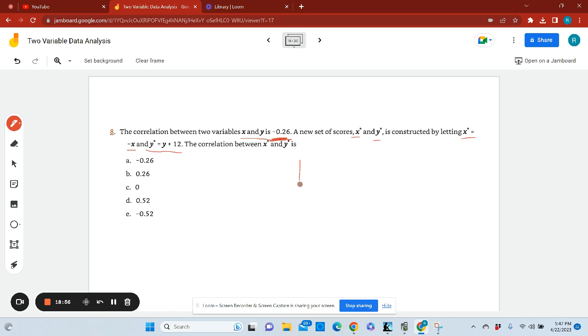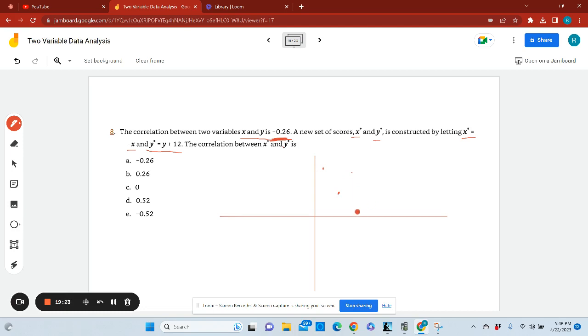So here's what we got. I'm going to draw you guys a coordinate plane, and I'm going to try and make sense of this question here. All right, the first thing I'm going to do is try and draw a correlation of negative 0.26. So that is going to be a loosely downward sloping line.